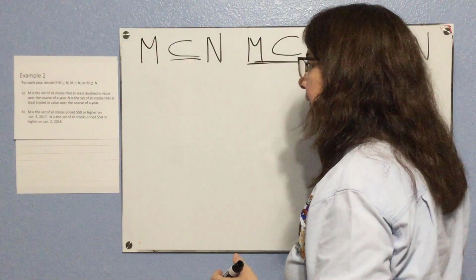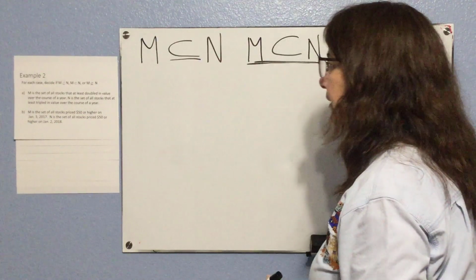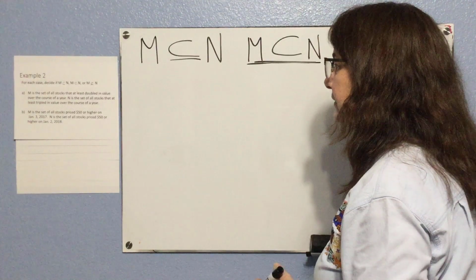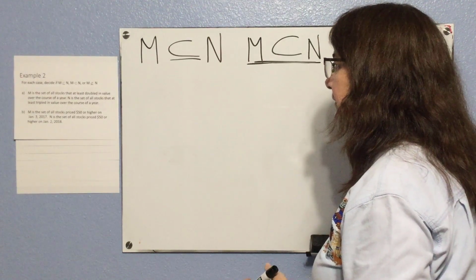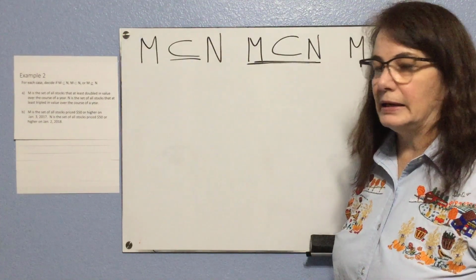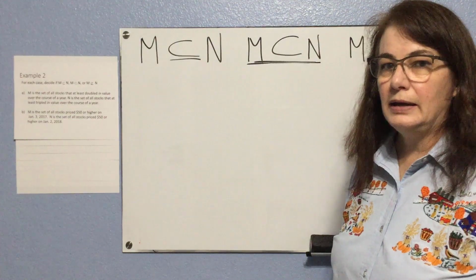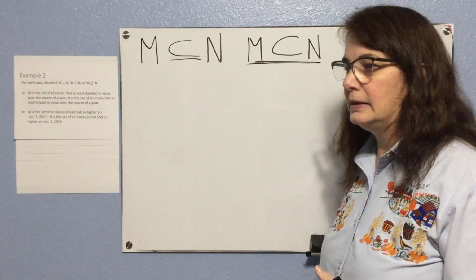Let's look at another one. M is a set of all stocks priced $50 or higher on January 3rd, 2017. And N is a set of all stocks priced $50 or higher on January 2, 2018. So first trading day of the years 2017 and 2018.